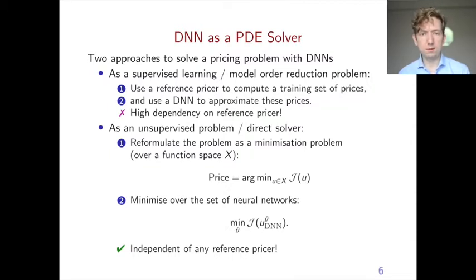Instead, with an unsupervised learning approach, we directly solve the problem. The key step here is to reformulate the problem as a minimization problem over some function space X. Then we can replace the function space X by the set of neural networks, which is parameterized by the network parameter theta. This way we are independent of the availability and the performance of a reference pricer.